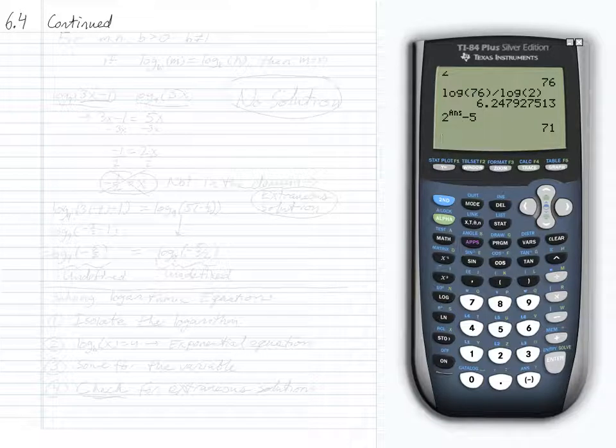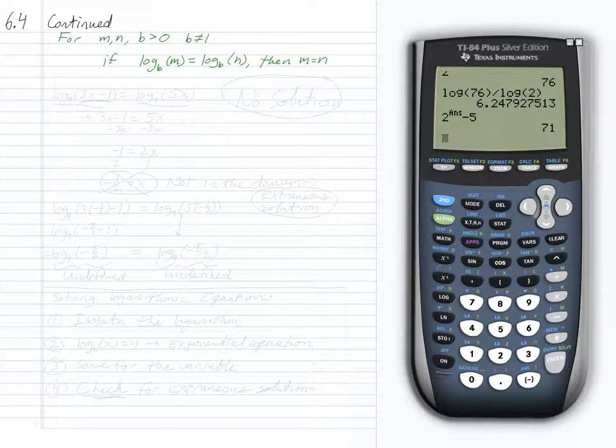So given positive numbers m and n and b, with the condition that b is not 1, if log base b of m equals log base b of n, then we can infer that m equals n. This theorem affords us a bit of a shortcut.